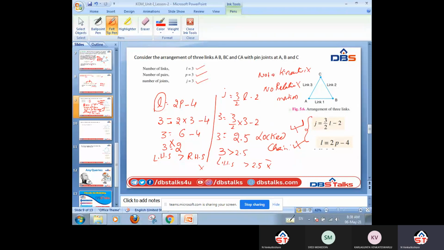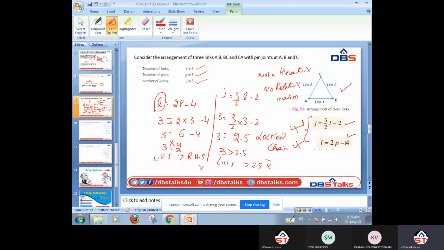So I think you can understand what the problem is. We connected 3 links and created a chain. To call it a kinematic chain, it has to satisfy these two relations: J is equal to 3 by 2 L minus 2 and L is equal to 2P minus 4.